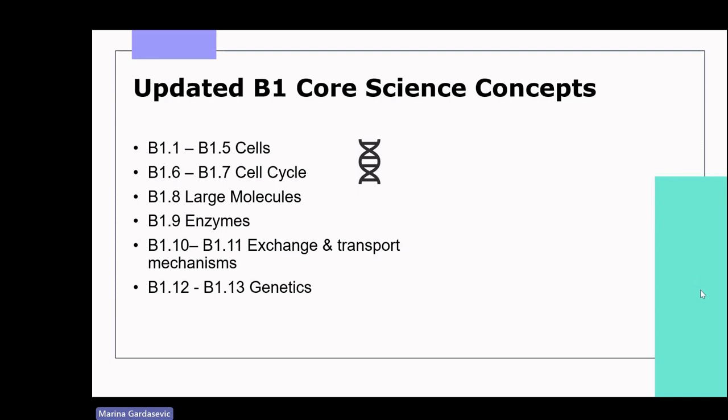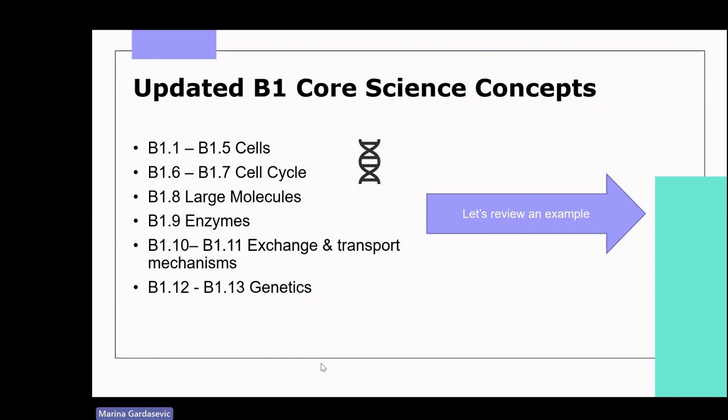Additionally, we have exchange and transport mechanisms, which include factors affecting the rate of exchange in specialized systems, structure of the cell surface membrane, and mechanisms of cellular exchange and transport. Finally, for this section, we have genetics, which includes purpose of DNA and RNA, the structure of DNA and RNA relating to their role with inheritance.